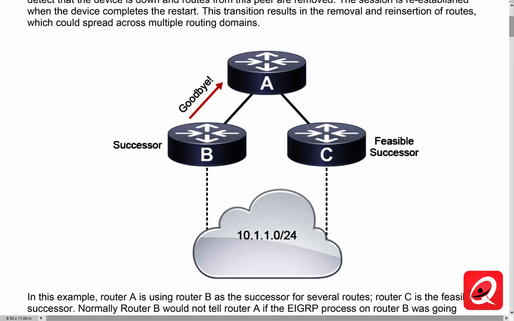What happens if we lose an adjacency and graceful shutdown is in place? Instead of waiting for the hold timer to expire, we receive a peer termination message. R2, router B in this case, is letting router A know that it has stopped using EIGRP on that interface, or that the EIGRP process is not running anymore.